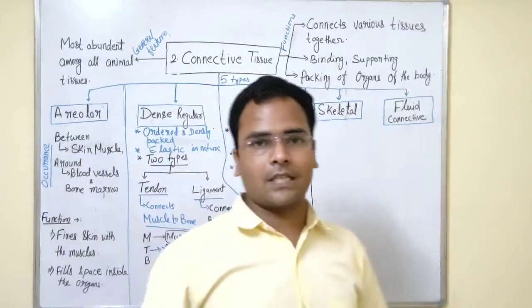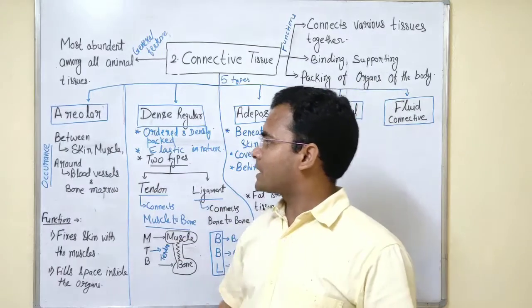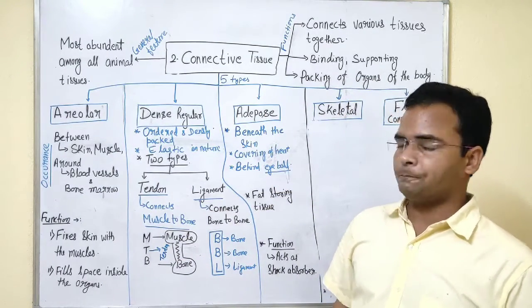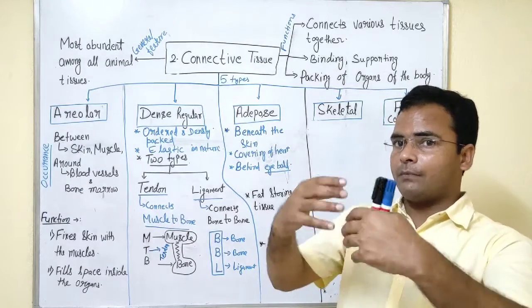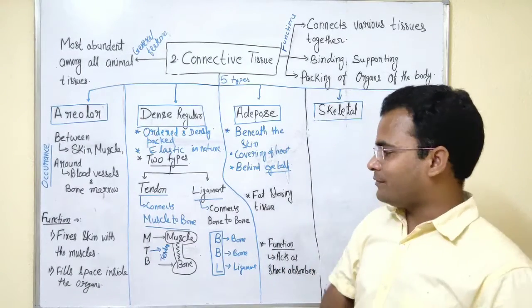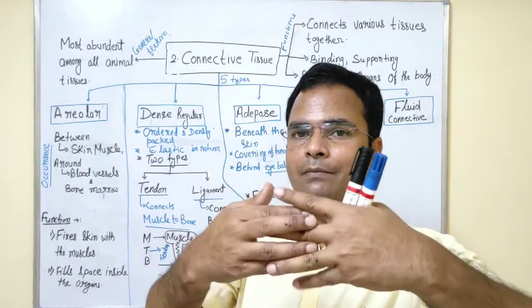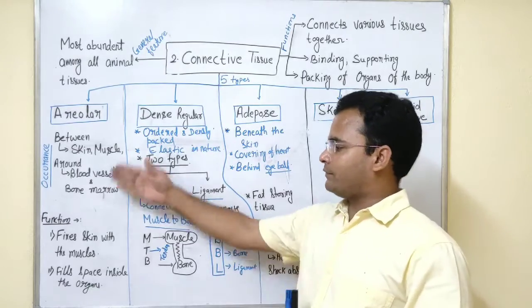Since it is present in between or around, what should its function be? Of course, its function should be to fill the gap between the tissues, cells or organs. So it helps in filling the gaps.